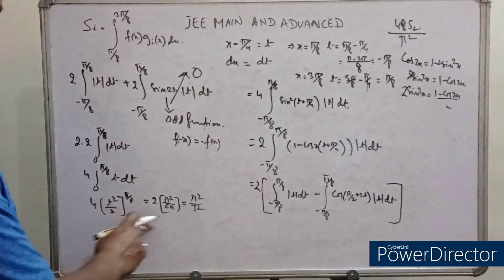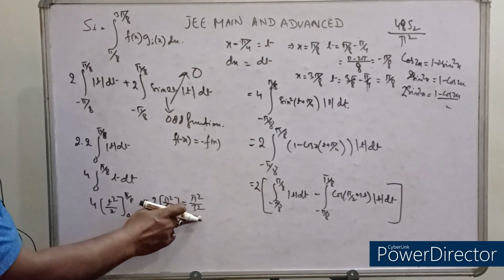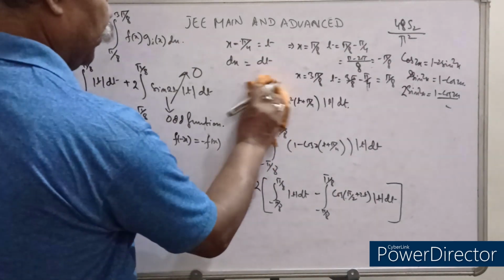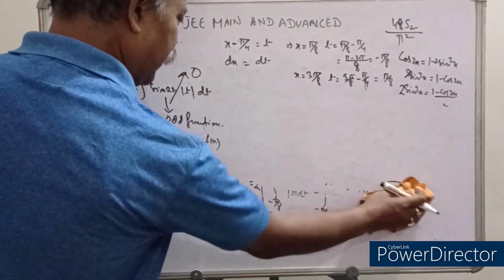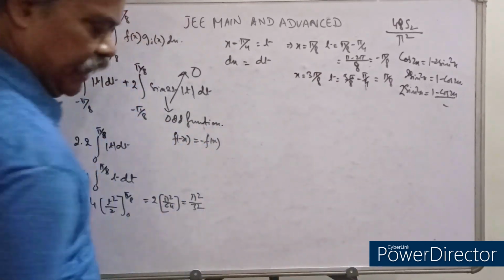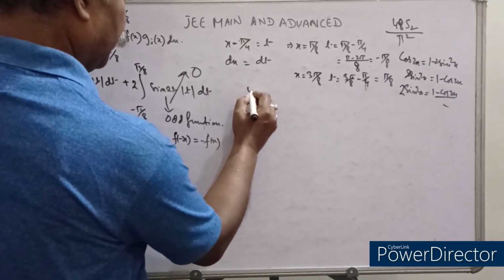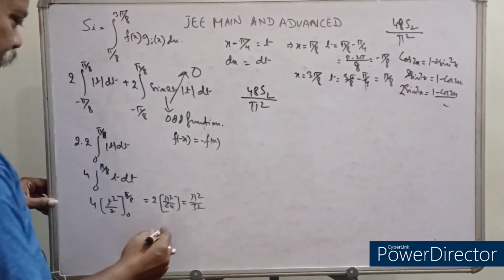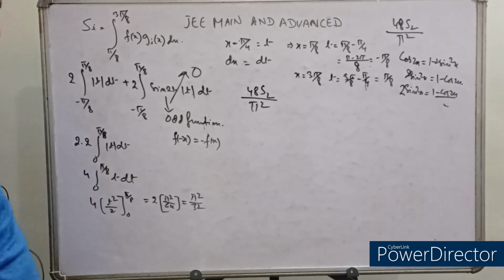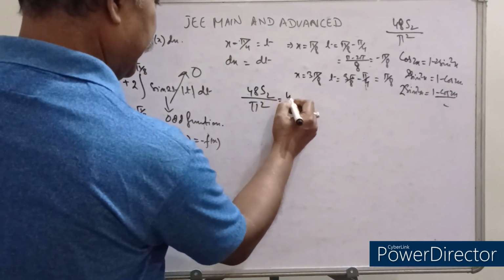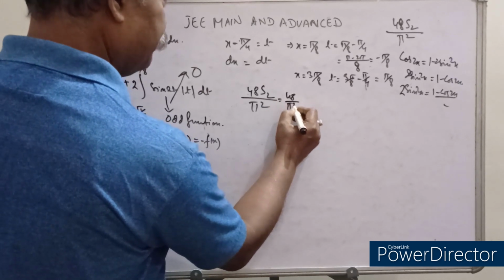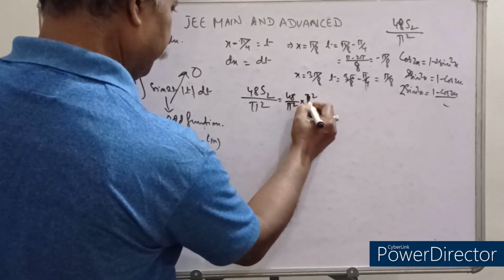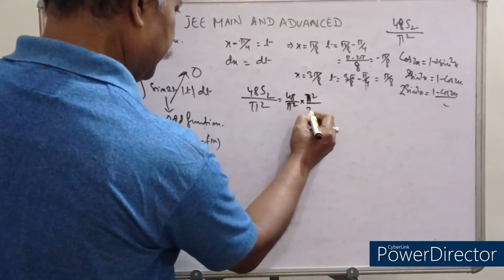So this is your value of S2. Now you have to place it, because you have to find the value of 48 S2 by pi square. When you place it, 8 is 64, it is 48 by pi square into S2, your result is pi square by 32.